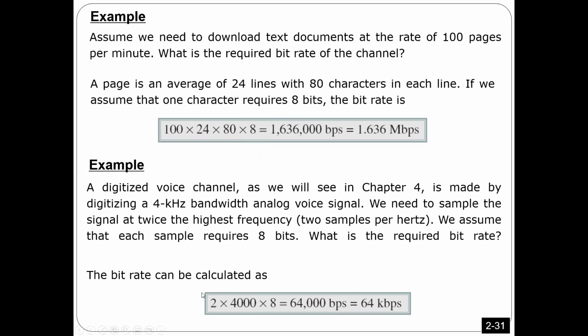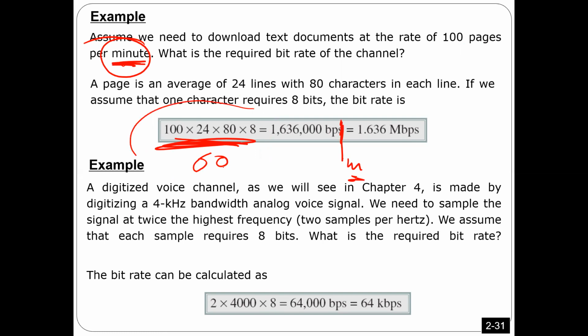But there is something tricky here. I think it's a mistake in the book. This is per minute. So if you do the calculation here, I'm going to get bits per minute because it's given to me in minutes. Okay. If you want to convert it to bits per second, you have to divide this one by 60.